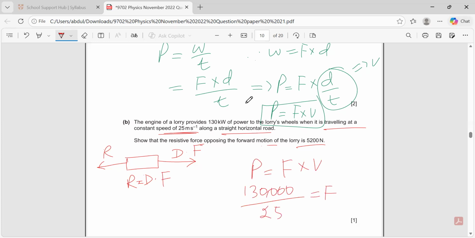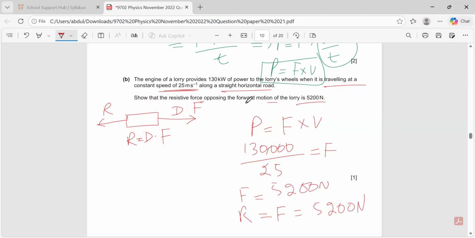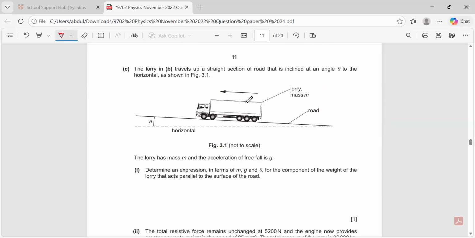It is equal to F. And my dear sons, when we say F, that will be equal, on simplification, to 5200 Newton, and that is equal to the resistive force. So R is equal to F, that is equal to 5200 Newton. Only one mark, so no need to waste a lot of energy and time. It was simple. Let's move forward.